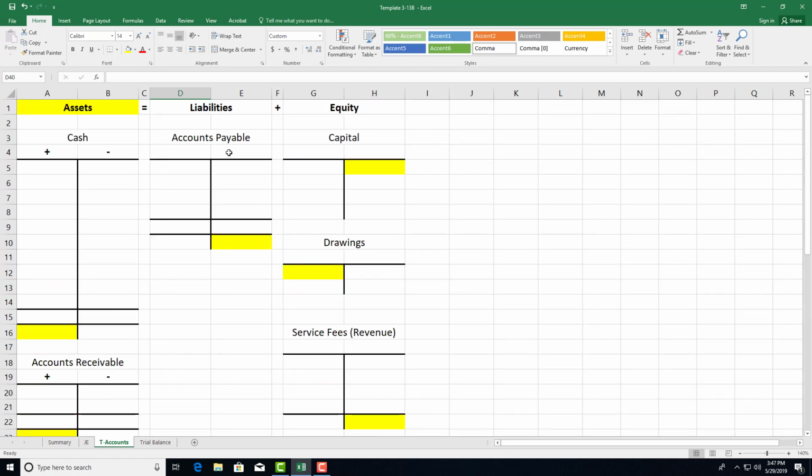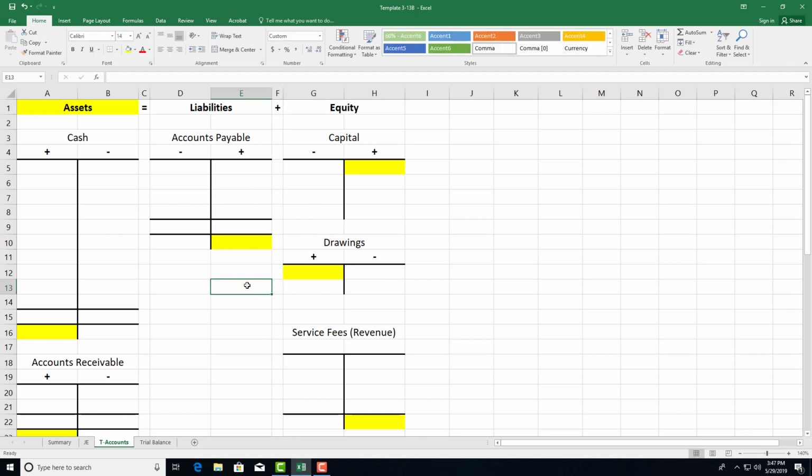Liabilities are the opposite. Liabilities are increased with a credit, decreased with a debit. We only have one liability in this problem. The capital account, increased with a credit. Drawings, increased with a debit.